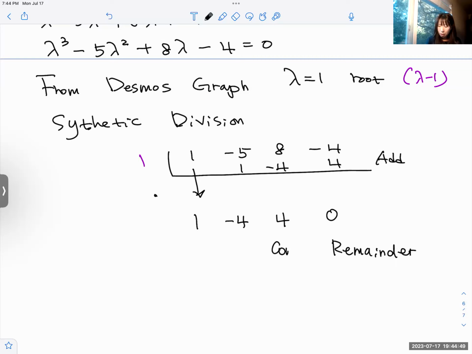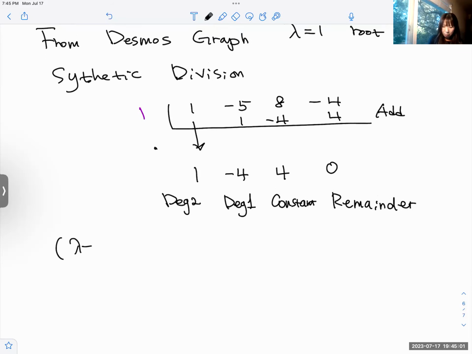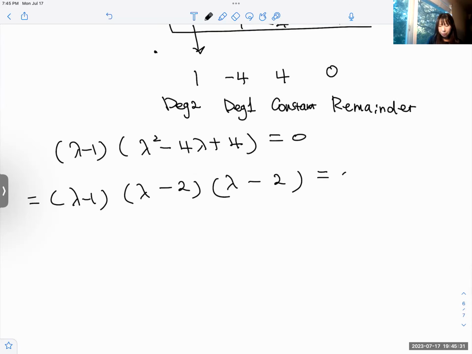And then the next ones are the constant and degree 1 terms. So we can express it as lambda minus 1 times lambda squared minus 4 lambda plus 4. Okay, now how do we factor this one? So we get lambda minus 2 times lambda minus 2, right? So we get 0.